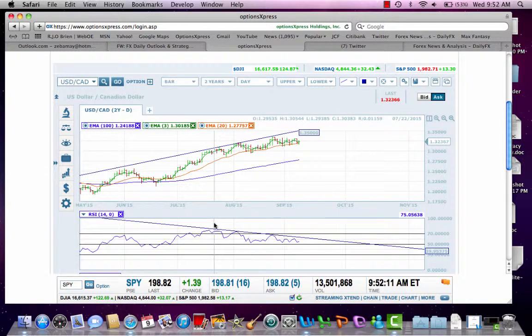On the bottom of the chart, you see an RSI, which is a relative strength indicator, which basically gives you an idea how strong the price action is. It's a mathematical formula. It's measured based on the last 14 days.